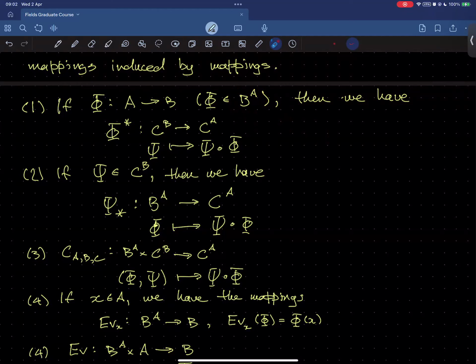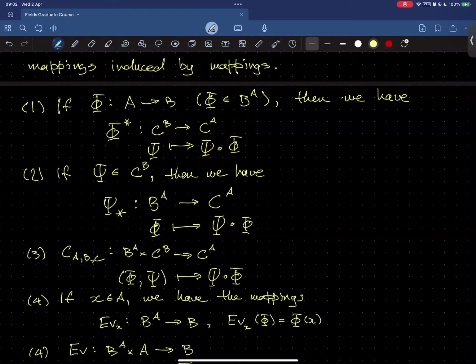So if you have a mapping from A to B, this induces a mapping from the set of mappings from B to C to the mappings from A to C. And it's just a simple composition. So if psi is a mapping from B to C, then I get this mapping from A to C obtained just by the composition.